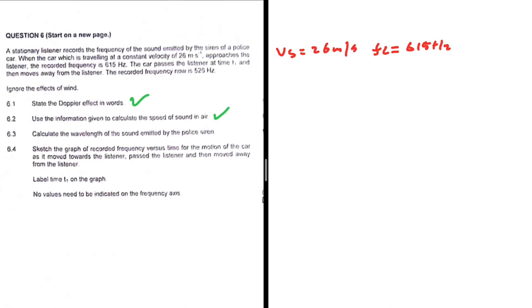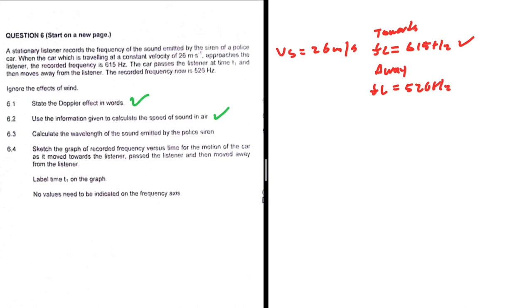The car passes the listener at t equals 1 and then moves away from the listener. The recorded frequency is now 526 hertz. So this is towards, 615, and when it is moving away, we have fL, which is 526 hertz.